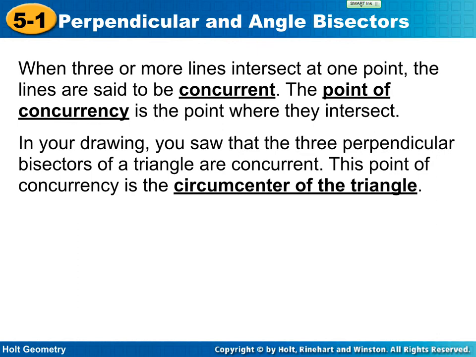Now to tie into the theorem that's coming up, if you look at each perpendicular bisector separately, this is a point that was on this first perpendicular bisector I drew. So that theorem we had just a little bit ago said that point is equidistant from the ends of the segment. So that point is the same distance to that corner and to that corner.